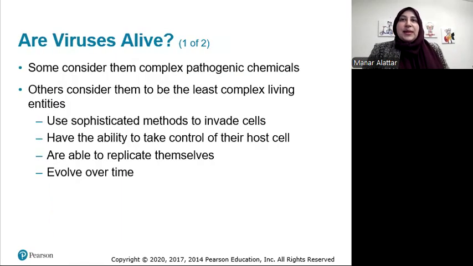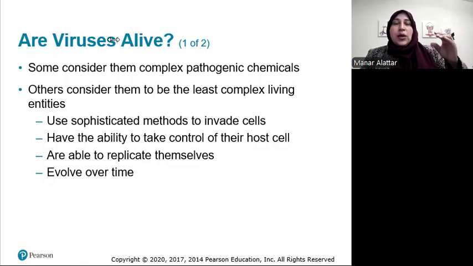Okay. So the last note that we want to make before we conclude our section on viruses is something that we've already discussed. Are viruses alive? What we've seen in this chapter is that viruses come in with machinery that mimics the cell, right?